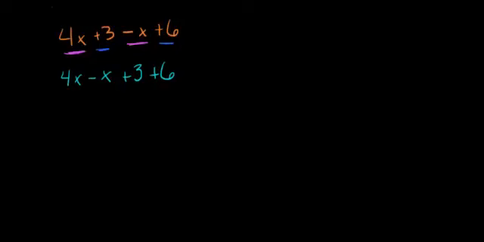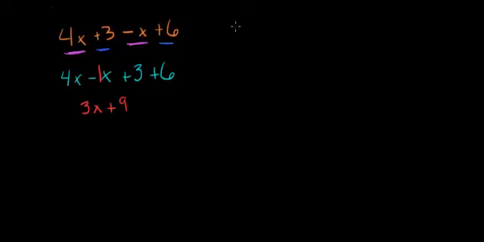If I was then to go through and solve it, 4x minus x, remember this is minus 1x. That implied coefficient's always there, even if we don't write it. So it's 4 minus 1, that's 3. Variables stay the same, they don't change, so it's 3x. +3, +6 is +9. 3x plus 9.